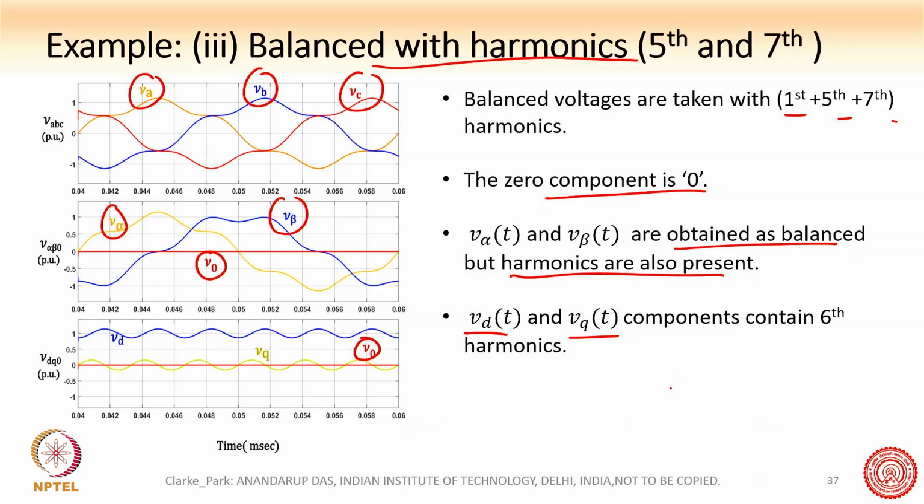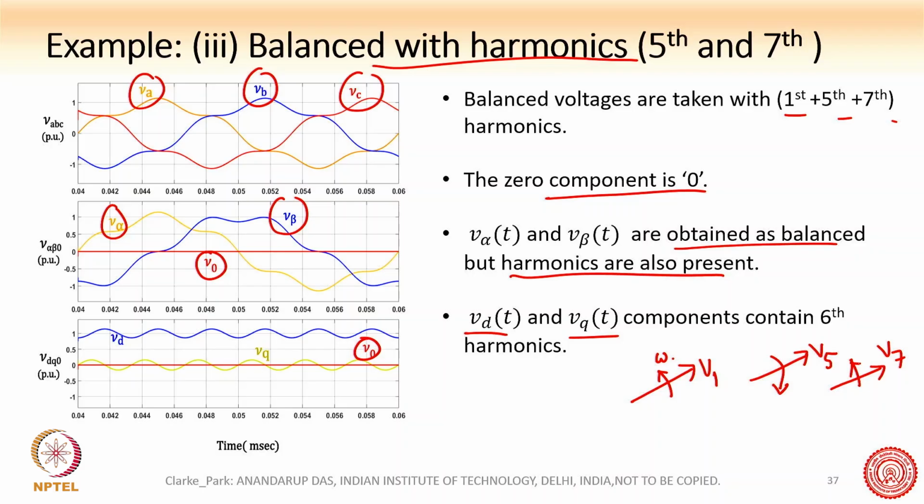Because when you have first, fifth and seventh harmonics, you see the fundamental, this is the V1, it is rotating at omega speed, right? V5, that is the fifth harmonic space vector, will be rotating the other way, so rotating clockwise. V7 will rotate anti-clockwise again.